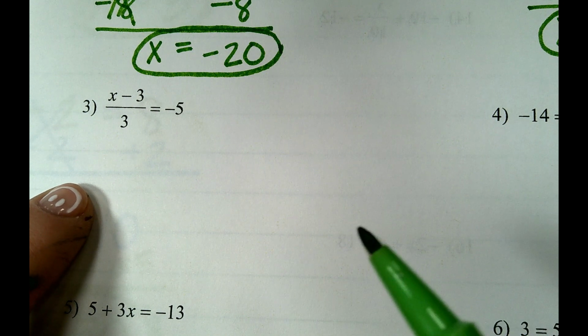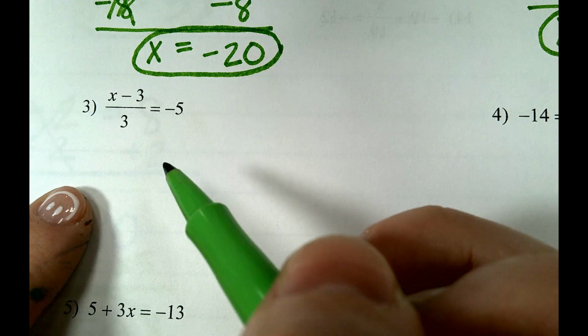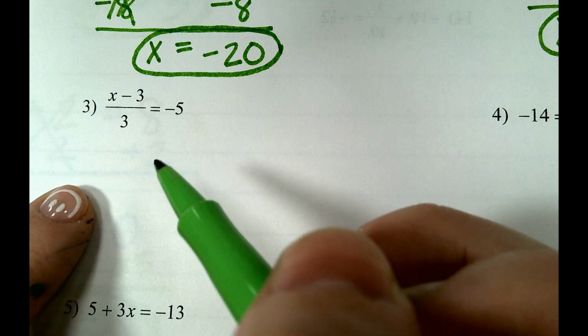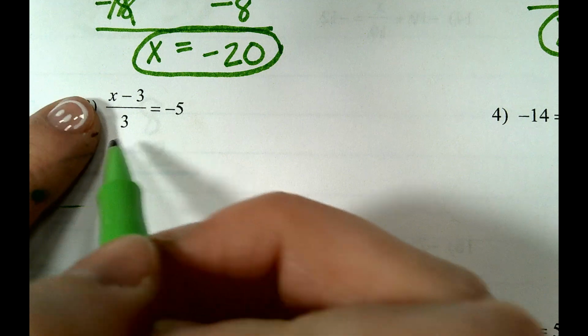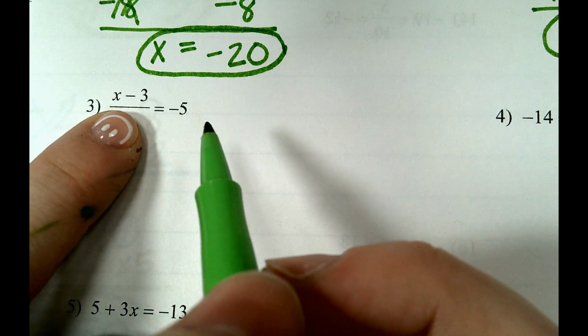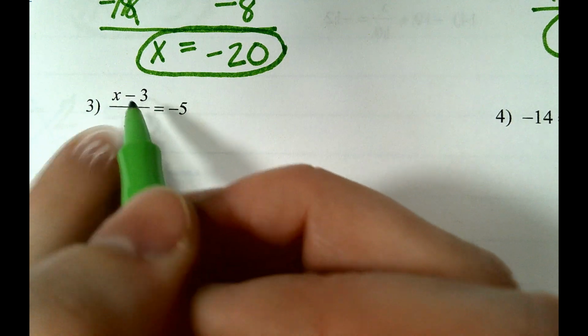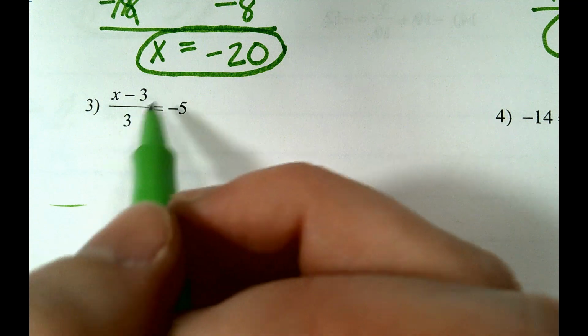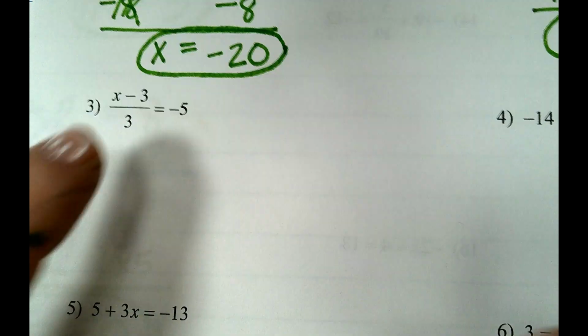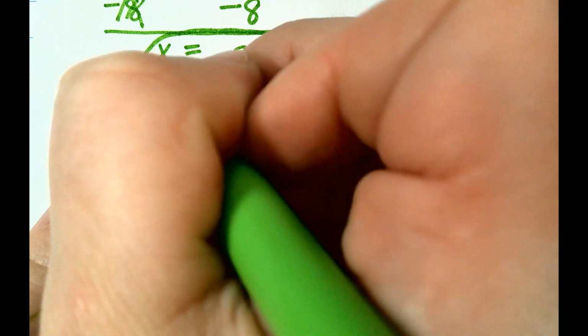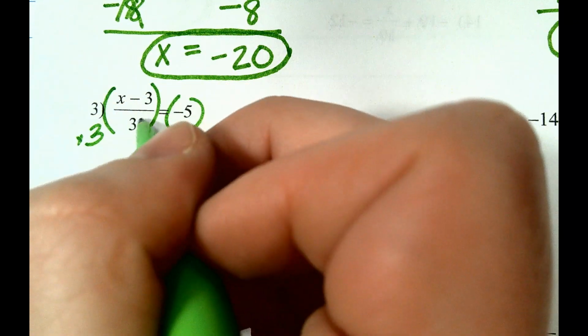I thought it was because we were trying to get the top by itself. That's exactly correct. We have to get rid of this fraction. We need to get the top by itself. I can't get rid of anything on top of a fraction until the bottom is gone. I need to multiply by 3 on both sides to get rid of that.